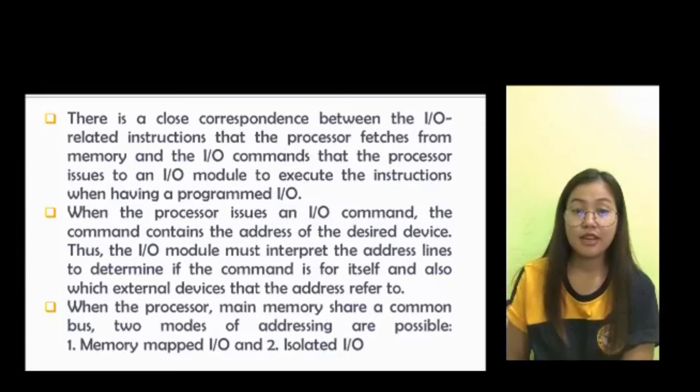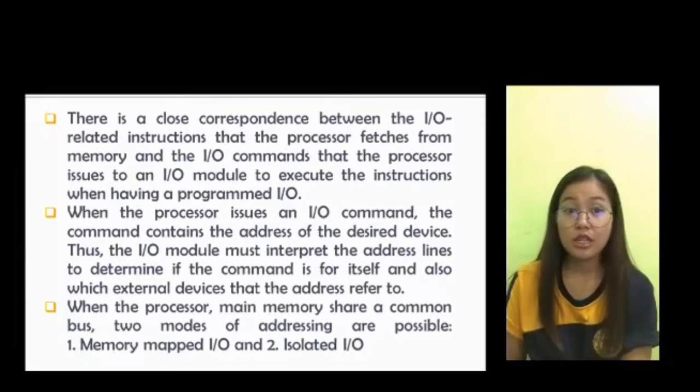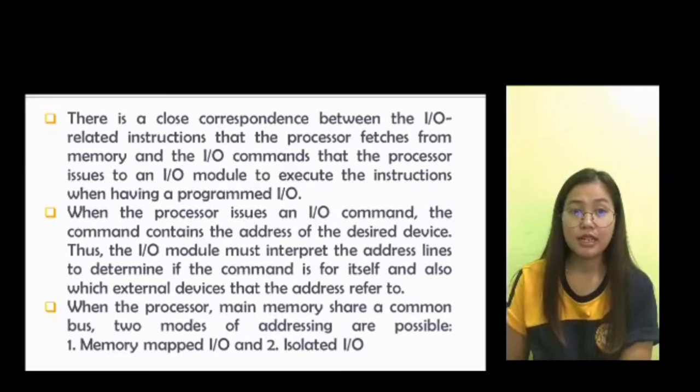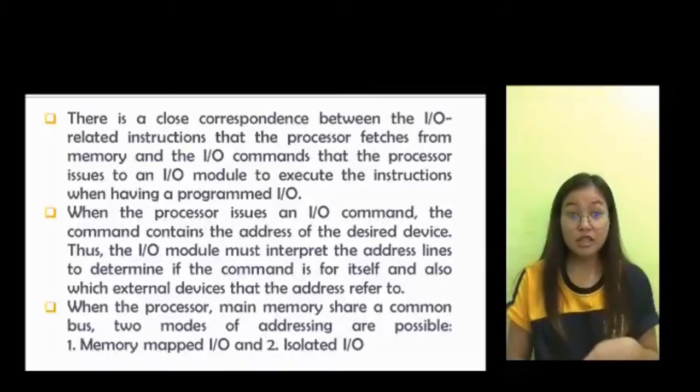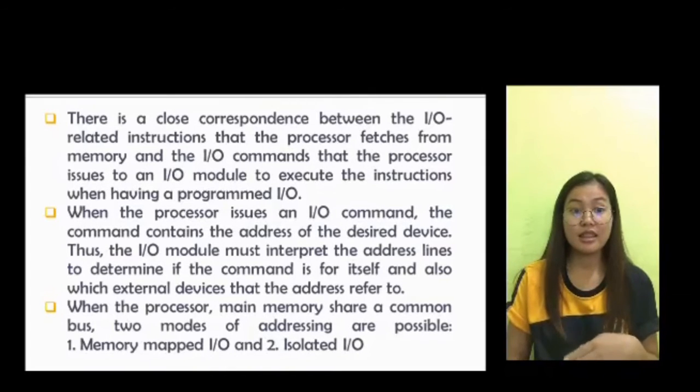Each device is given a unique identifier or address. When the processor issues an I/O command, the command contains the address of the desired device. Thus, the I/O module must interpret the address lines to determine if the command is for itself and also which external device the address refers to.